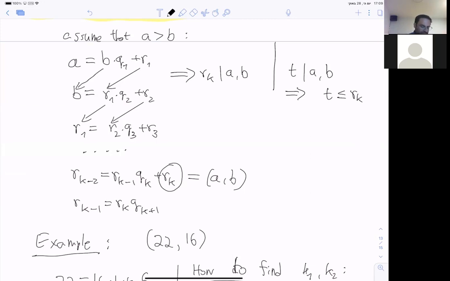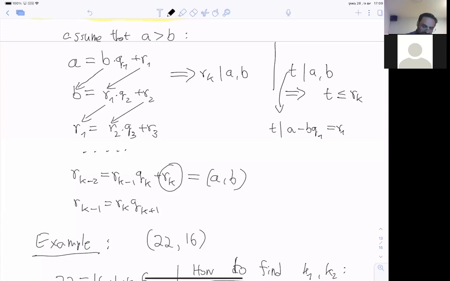And why is it true? Because if t divides both A and B, it divides also A minus B Q1. I mean, if t is a factor here, it is also here, so it divides this, but this is R1.